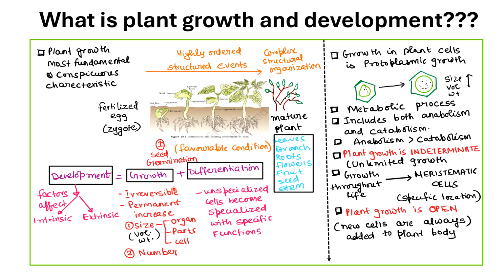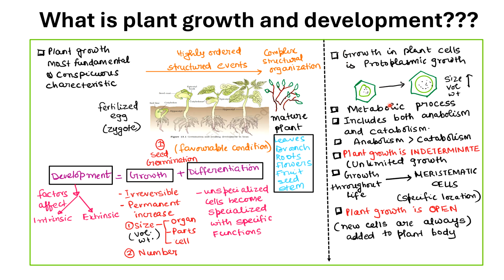So plant growth is the irreversible and permanent increase in the size, volume, or weight of plant parts such as the plant cell or the different organs of a plant, right? Plant growth also refers to the increase in the number of plant cells, right? So that is plant growth.